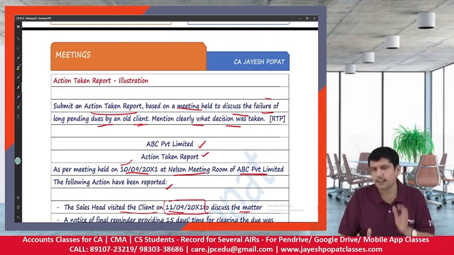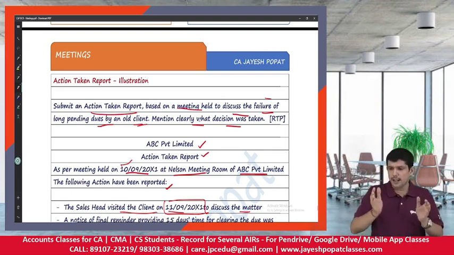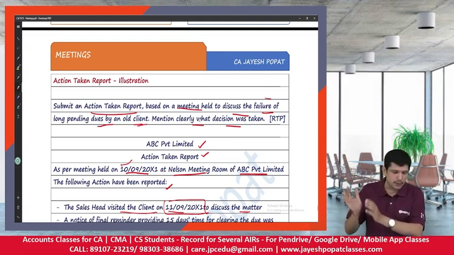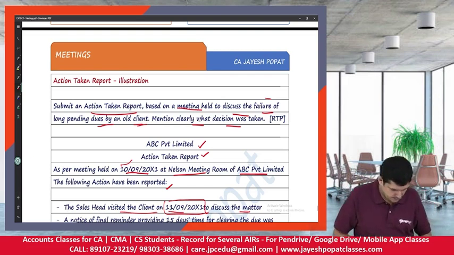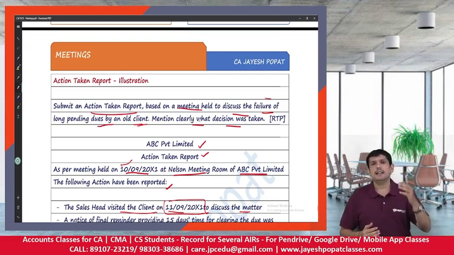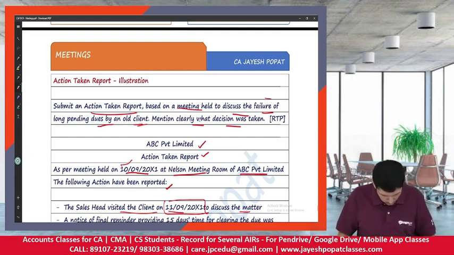And there are enough comprehensive illustrations: one making the agenda, the minutes of the meeting and the ATR report, and then separate illustrations on agenda, minutes of the meeting and action taken report. So by this we come to the end of this topic.